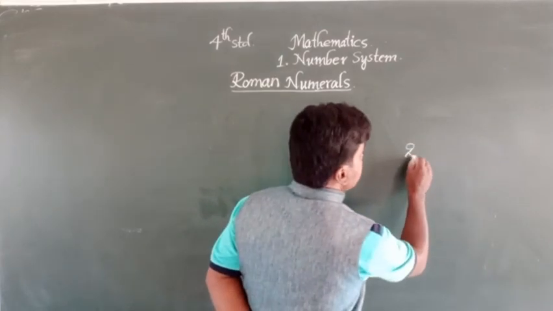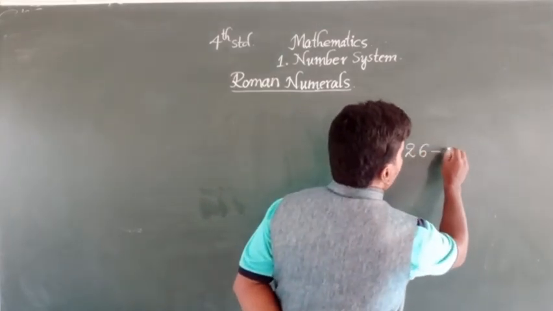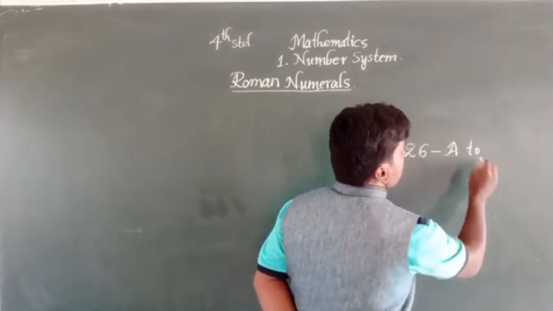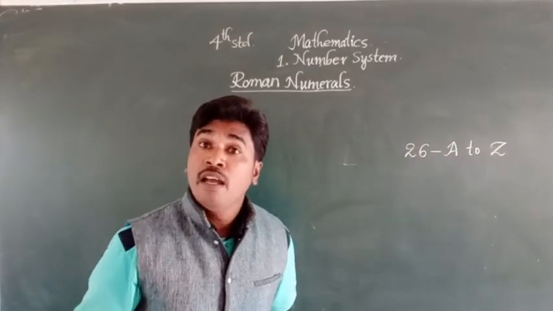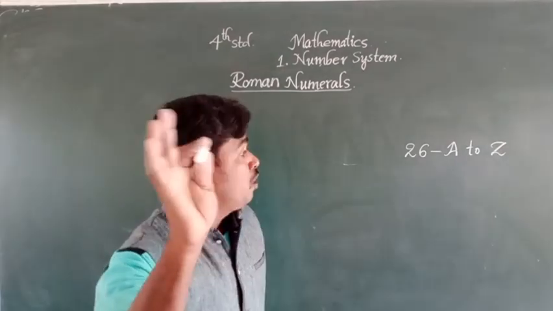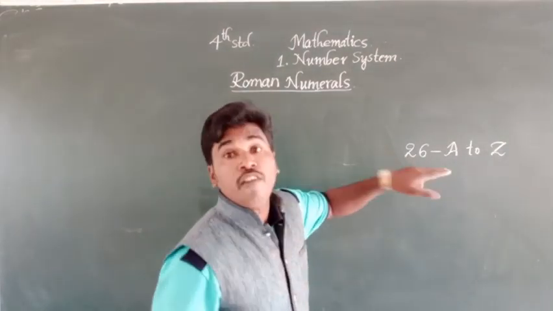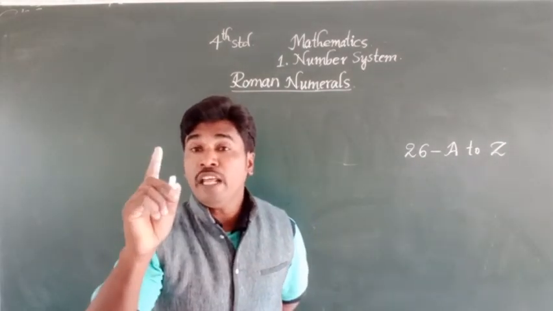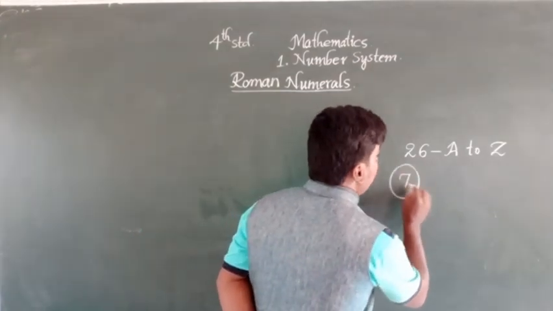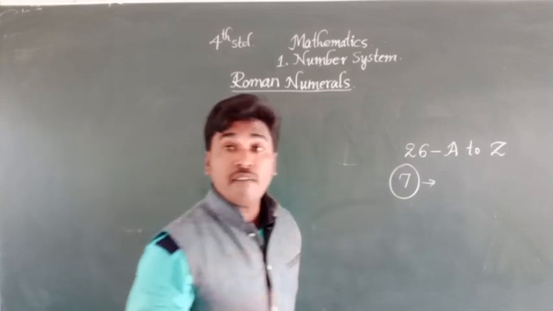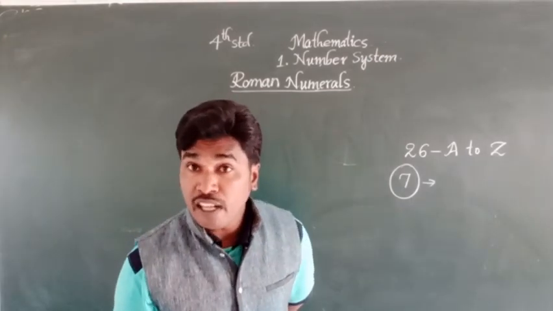There are 26 letters from A to Z. But Roman people did not take all the 26 letters. They have taken only 7 letters. How many letters have they taken? Only 7 letters.